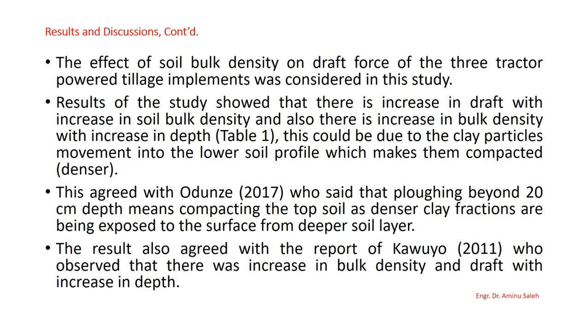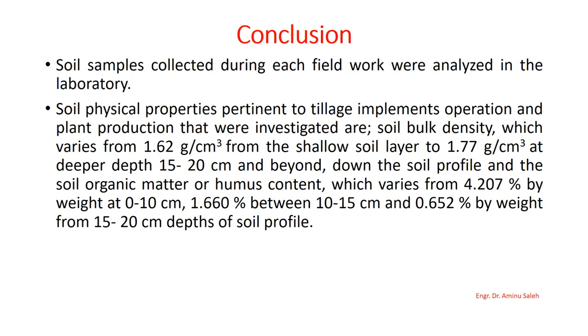This could be due to the clay properties and of course the compaction of the soil. This result can be compared with Odunze 2017, who looked at plowing beyond 20 centimeter depth as compacting the subsoil. The result also agrees with the report of Kawuyo 2011, who also observed that there is increase in bulk density as the depth increases.